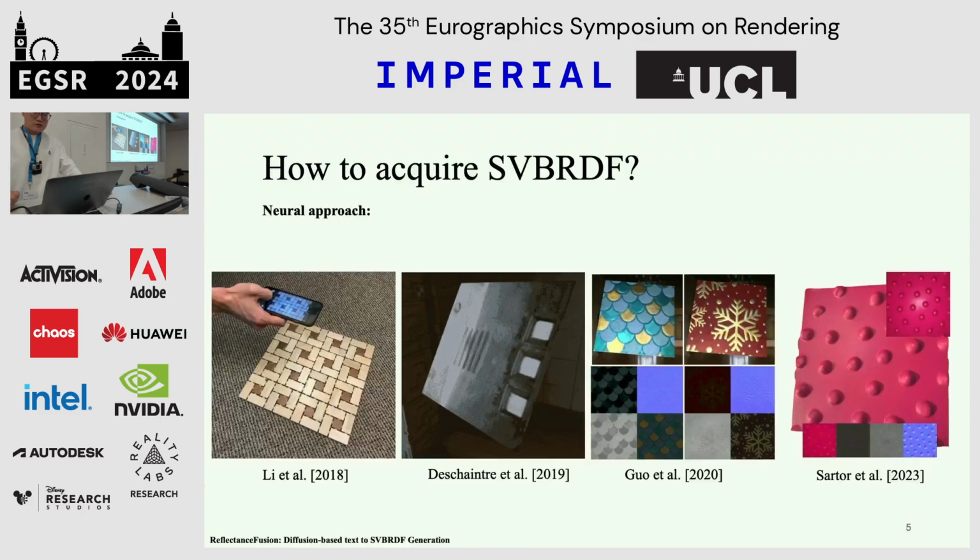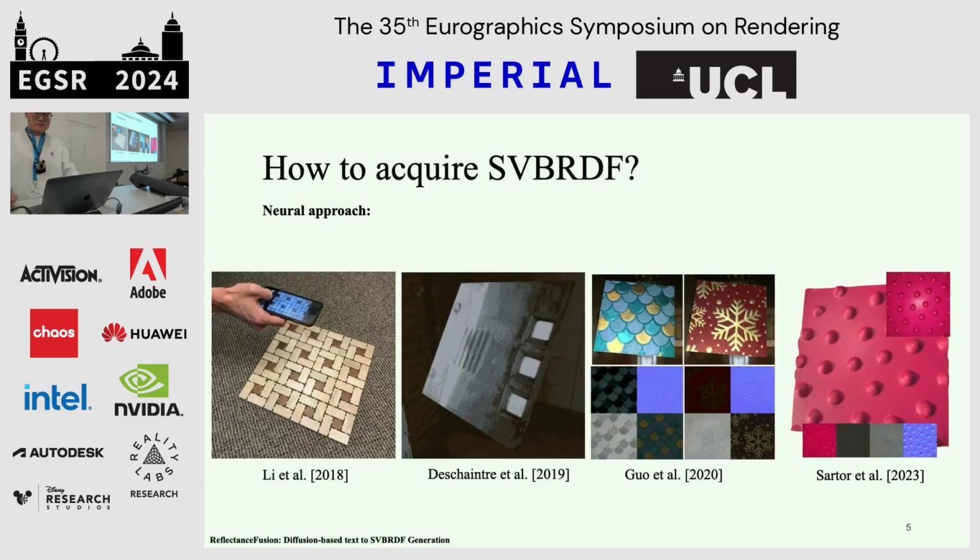Another approach involves using a neural network to predict the SVBRDF from a single image. A lot of recent work has been done on this. While this method can significantly reduce the time and resources needed for data collection, it also faces certain challenges. For instance, the accuracy of the predicted SVBRDF can be limited by the quality of the input images and even by the model's ability and training data.